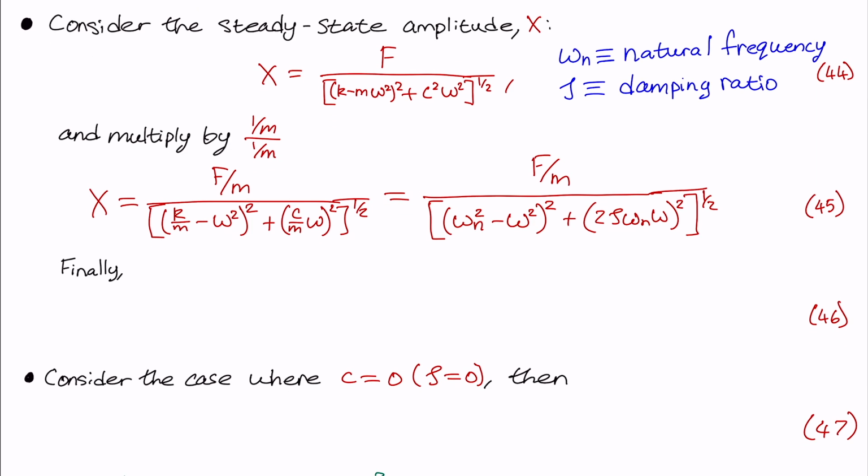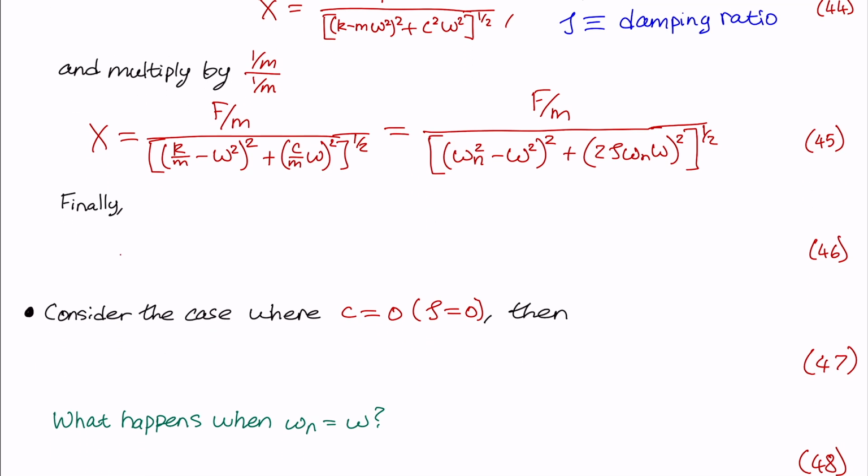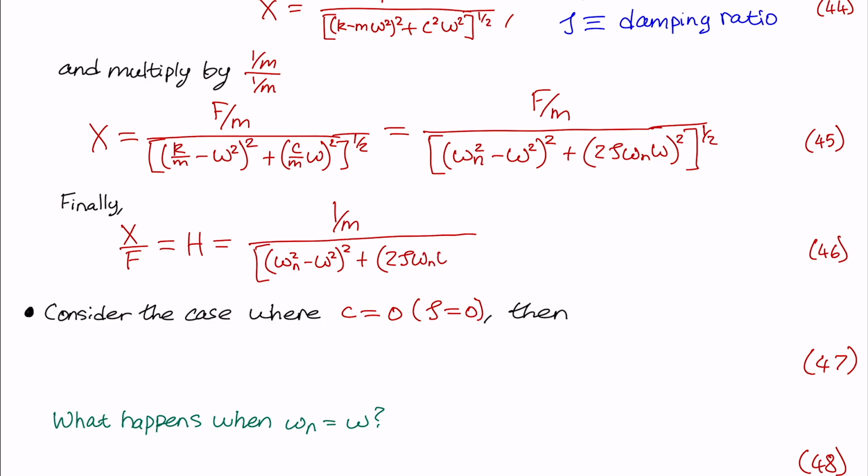Finally, we are going to divide by big F, and we're going to get x over F, which we're going to call big H here, so H will be equal to 1 over m times the square root of omega n squared minus omega squared, quantity squared, plus 2 zeta omega n omega, this quantity squared, all raised to the 1/2.